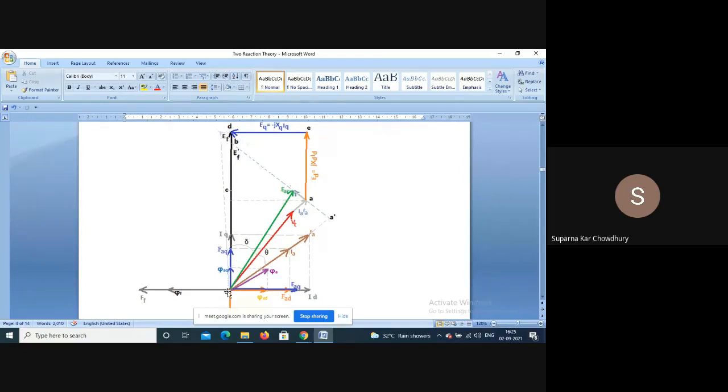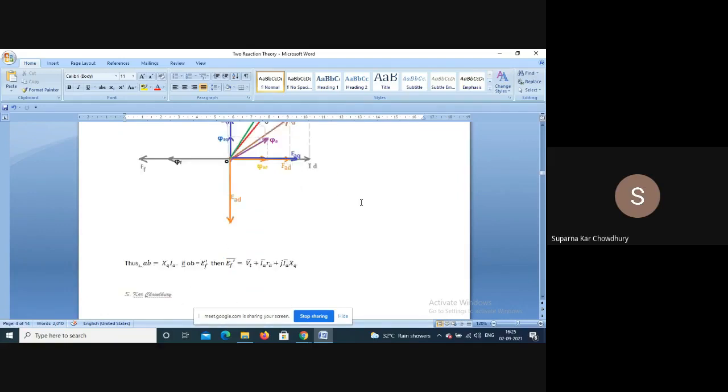Up to this point, say OB, define it as Ef dashed. Now Vt plus IaRa plus AB is equal to Ef dashed. Now this AB is perpendicular to current Ia. So let us define that it is equivalent to some inductive drop, say IaX. X is unknown, we do not know.